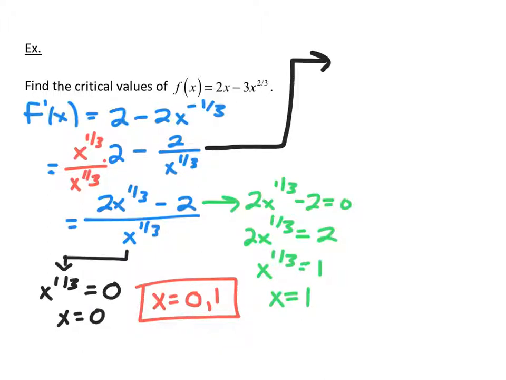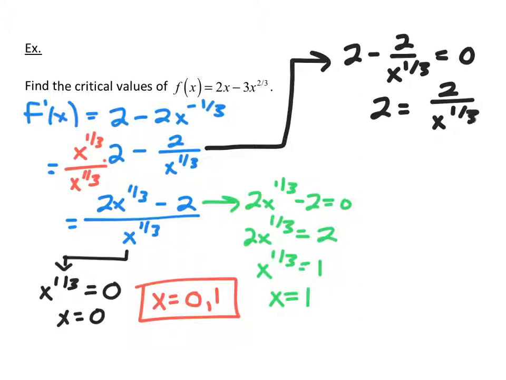If I took that 2 minus 2 over x to the 1/3 and just set that equal to 0, which is what a lot of people are tempted to do, then I would move that fraction to the other side. Cross multiplication would give me 2x to the 1/3 is equal to 2, and I end up with x is equal to 1, which is what I ended up with over here. However, that eliminates this whole portion where I end up with x is equal to 0, and so I would only end up with half the correct answers.